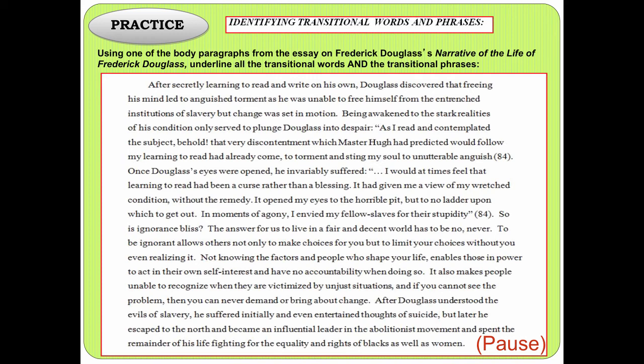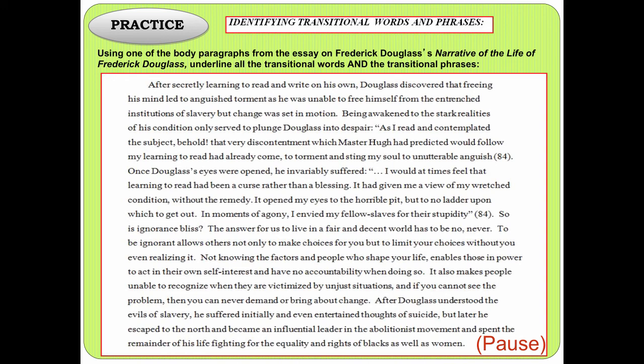Once Douglass's eyes were open, he invariably suffered. I would at times feel that learning to read had been a curse rather than a blessing. It had given me a view of my wretched condition without the remedy. It opened my eyes to the horrible pit, but to no ladder upon which to get out. In moments of agony, I envied my fellow slaves for their stupidity.